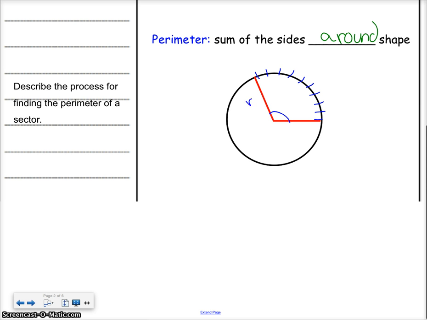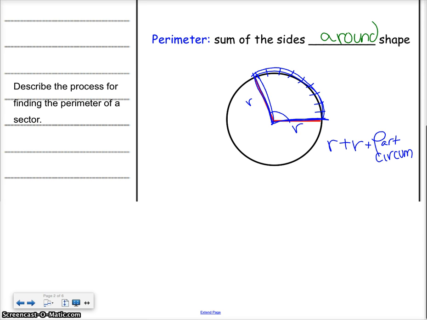I don't think I have an angle measure here, so my goal was to just show you what the formula really is, because I don't have anything I need. I can't calculate this. I don't know the angle measure. But it would be R plus R, right? When you find perimeter, you would do this R plus the other R plus part of the circumference.